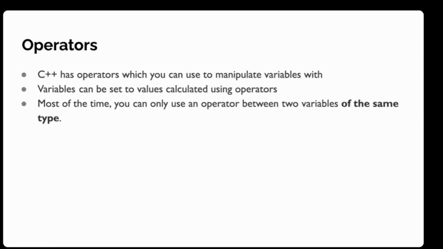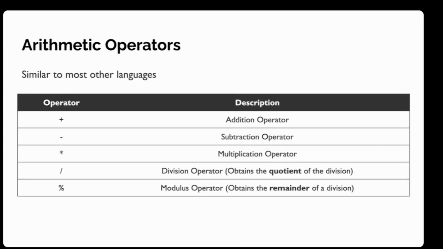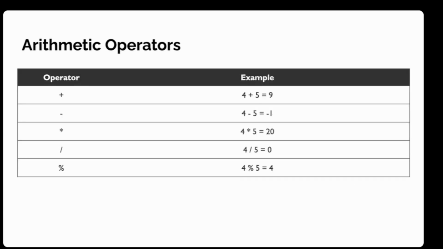So the next thing is operators. C++ has operators, obviously. Usually you can only use an operator between two variables of the same type. So here's a table. Well, this is pretty obvious. The percentage symbol is just the modulus operator. If you've done Python and other stuff, it should be very familiar to you.